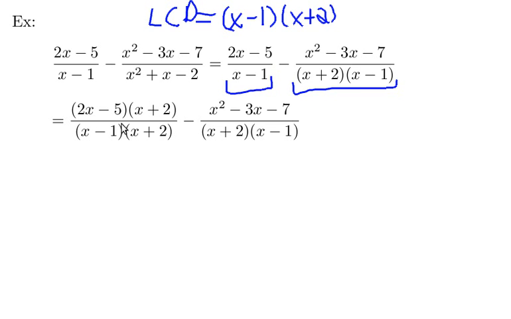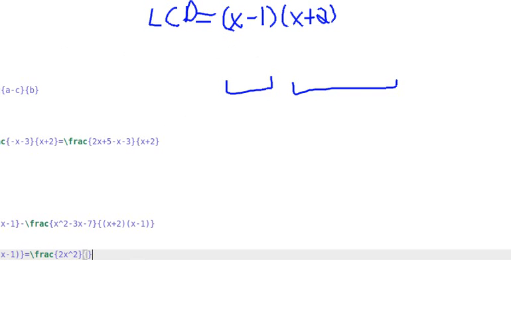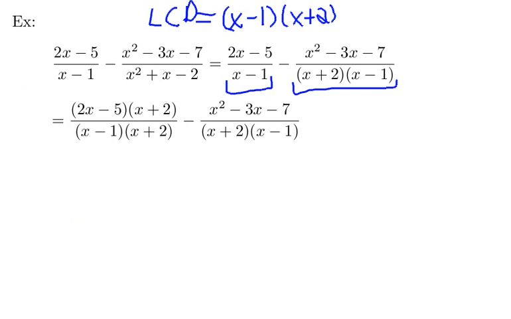I'm going to go ahead and multiply these two binomials out, and we will get 2x squared. Whoops, what did I do here? Sorry. 2x squared plus 4x. Oops, that's on the outside of the fraction.